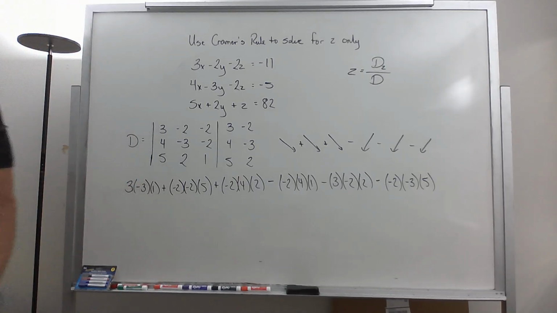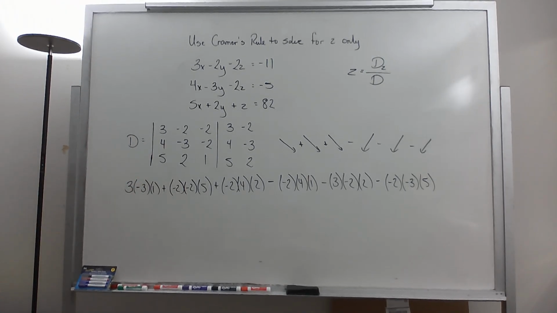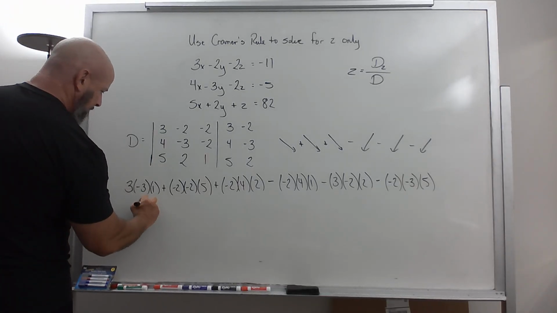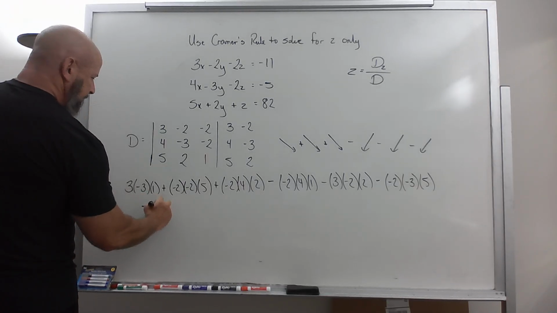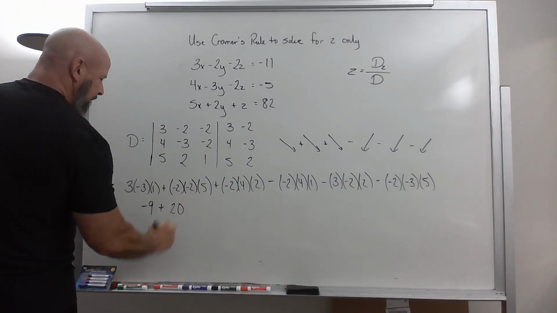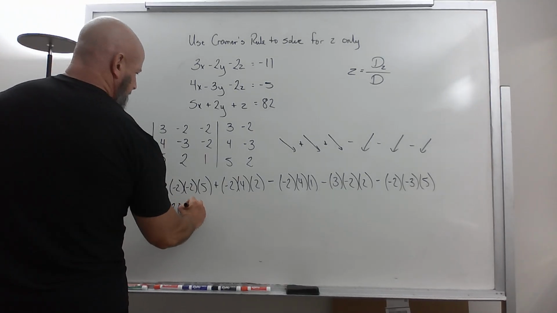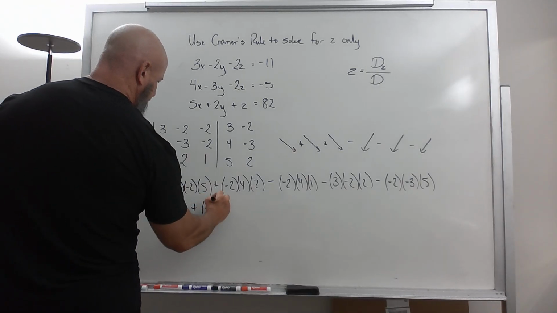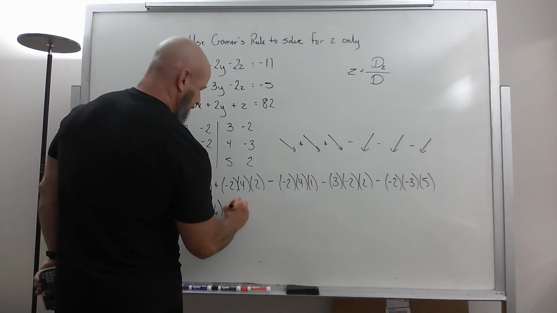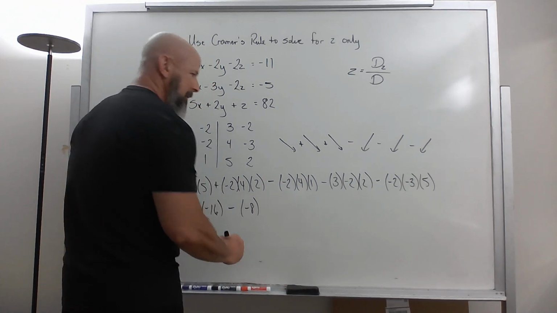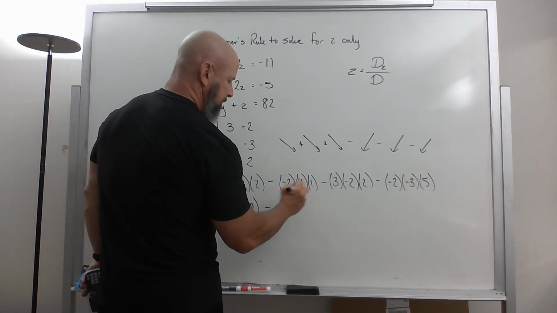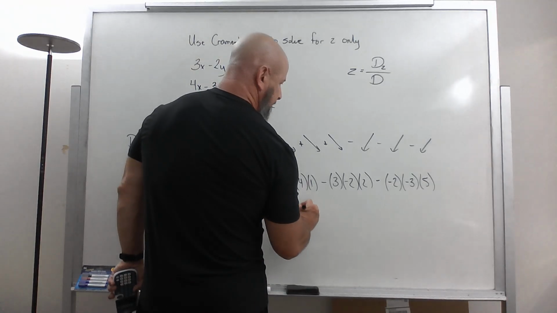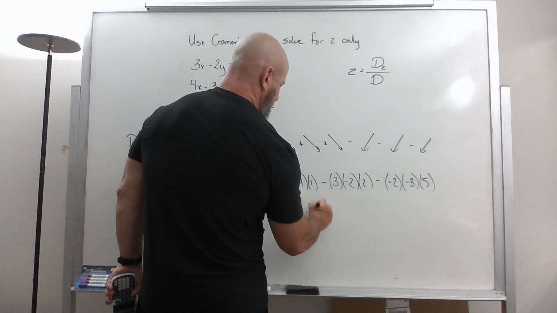And then we need to evaluate this. Combine all of these terms. Let's see here. We would have a negative 9 plus a 20 plus negative 16 minus negative 8 minus negative 12 and minus 30.